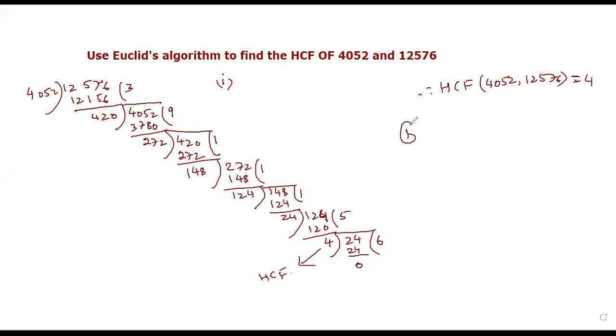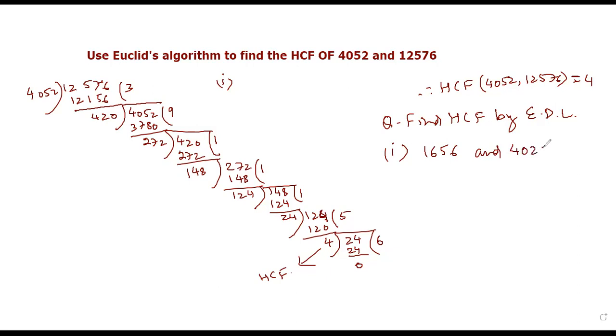Question is, find the HCF by using Euclid's division lemma. So this is homework. Write it down. First, find the HCF of 1656 and 4025.